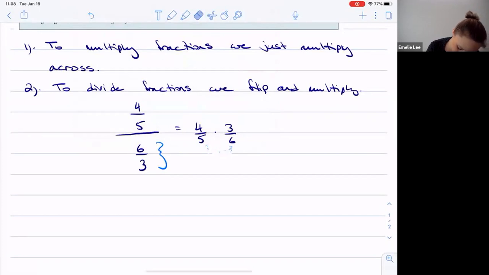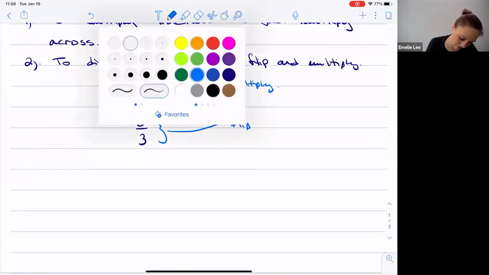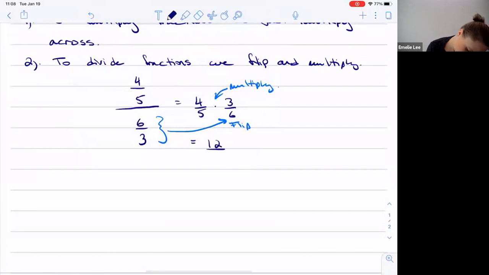I'm not doing this very clearly, am I? Good thing I feel like I did it properly last day. So you have to flip and multiply. Once you're multiplying, 4 times 3, we know it's 12, and 5 times 6 is 30. It probably simplifies, but I'm just going to leave it alone. What we're going to try to get in the habit of is writing these in exact form, which means not the decimal approximation.